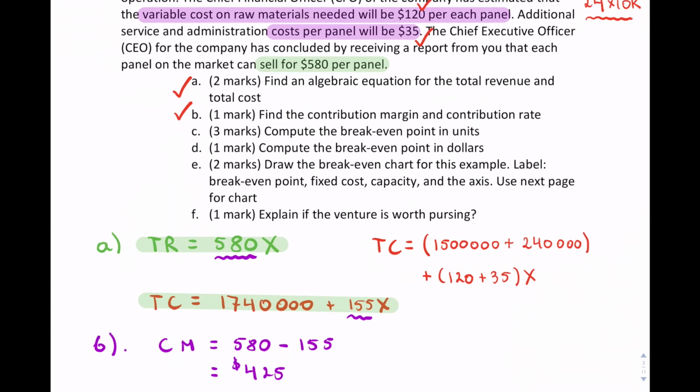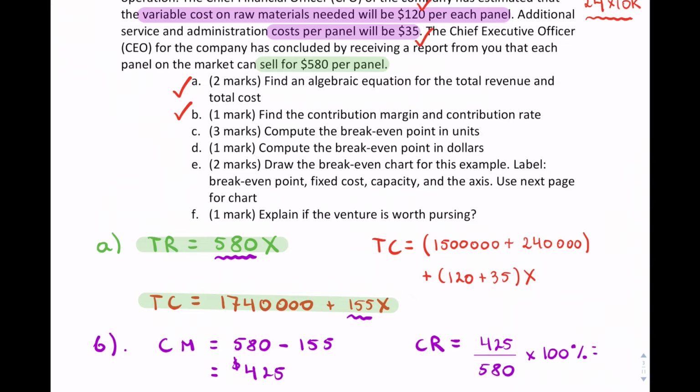Now, contribution rate. Contribution rate is the contribution margin, 425, divided by our selling price, which is 580. This is supposed to be in percent.